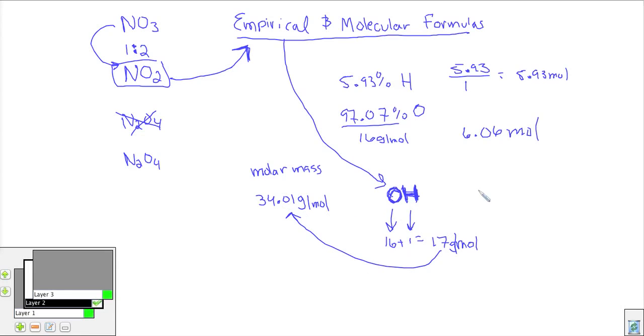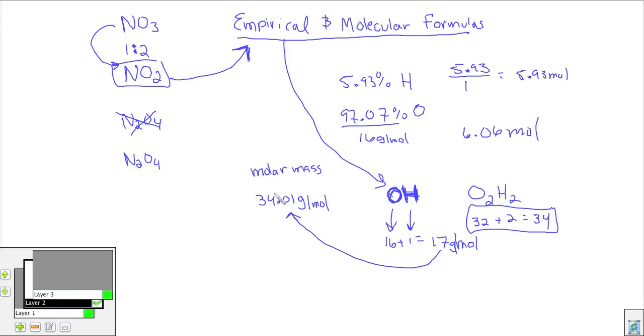So what is the molecular? Well, the molecular is going to be double this, because if I had O2, H2, then I'm going to be able to add 32 plus 2, and that's going to give me 34. So the simple way to do molecular is to add up the mass of the empirical, divide it into the molecular, find out how many times it goes in, and then multiply the whole thing by that.